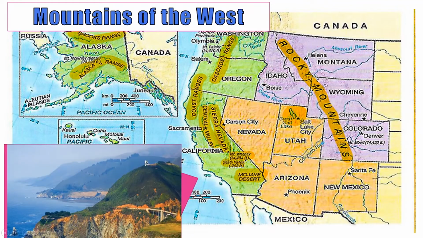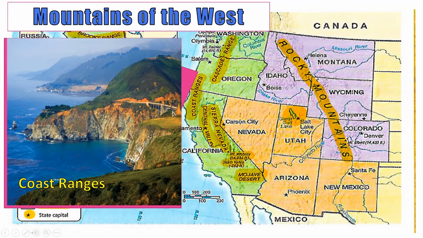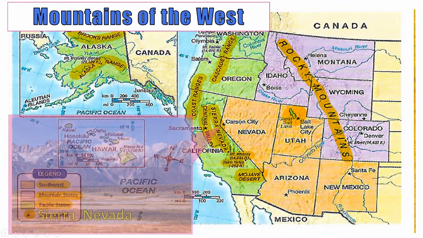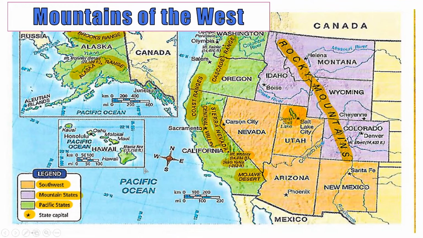Next, the Coast Ranges, named so because they are near the coast, as you can see in this picture, so we have mountains near the ocean. Finally, the fourth is the Sierra Nevada, located near Carson City, Nevada, as you can see in this picture. Those are the 4 mountains that I wanted you to see.